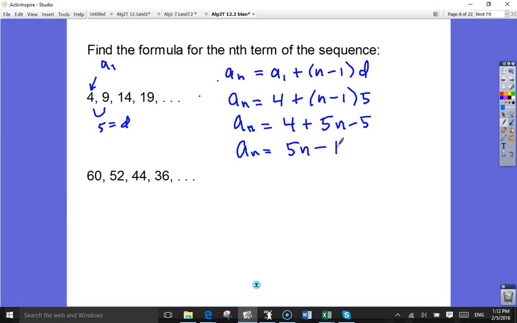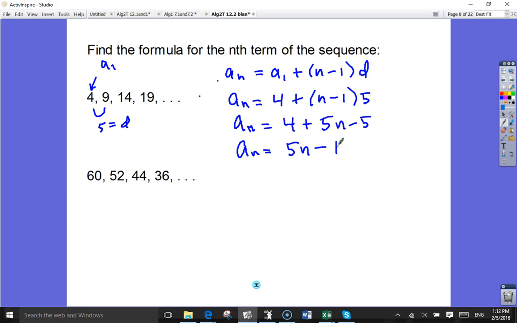Arithmetic sequences have formulas that look like mx plus b, because every time you increase n by 1, you end up adding one more of whatever the number is in front of it. This can be the starting point, and then you keep adding 5 and adding 5 and adding 5. So it should look linear.